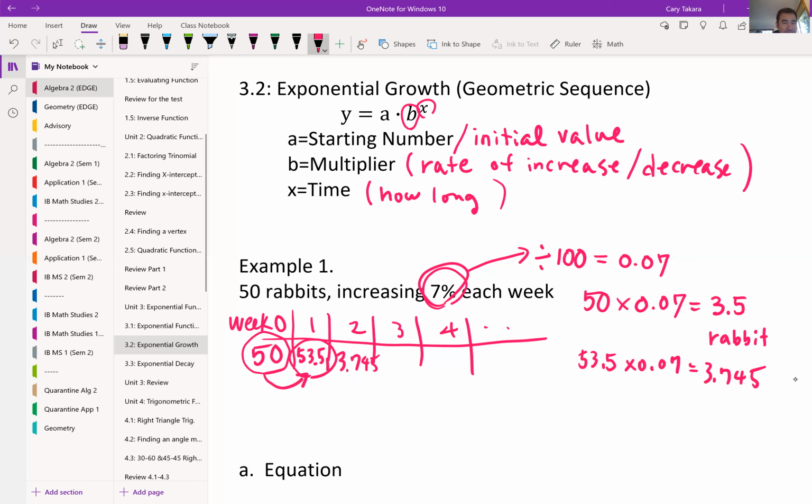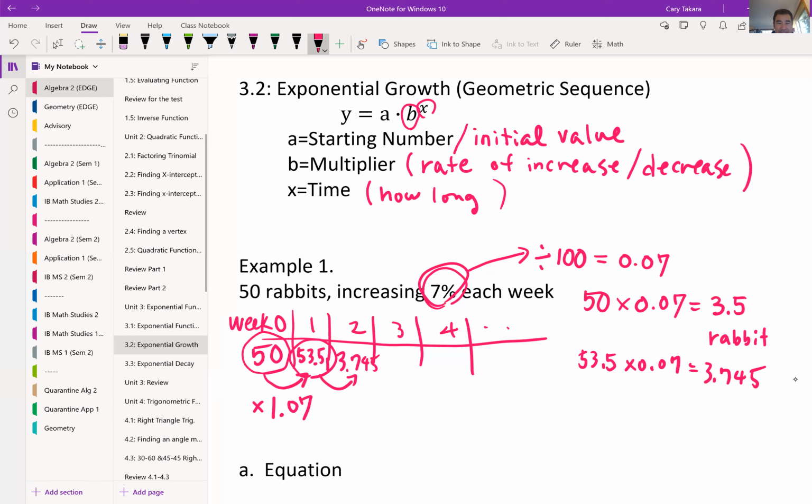So my next question is, and Francisco already answered this question, is there any way to go from 50 to 53.5 directly? What can we multiply to 50 to get to 53.5? And the answer is 1.07.